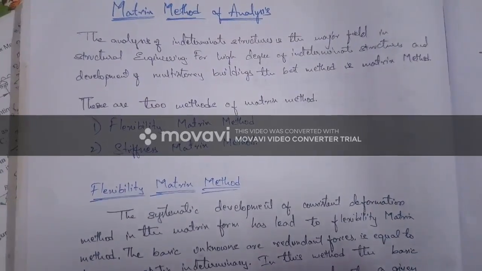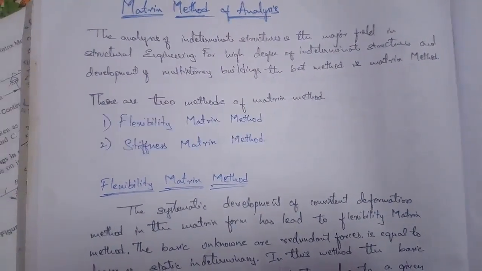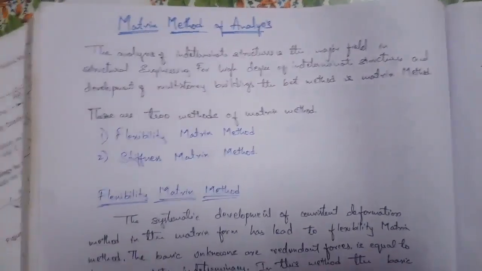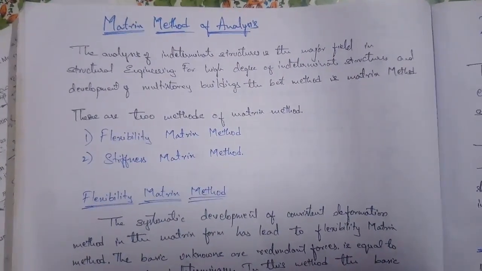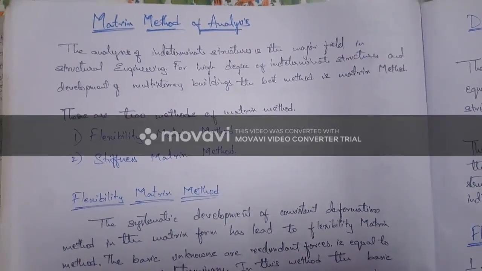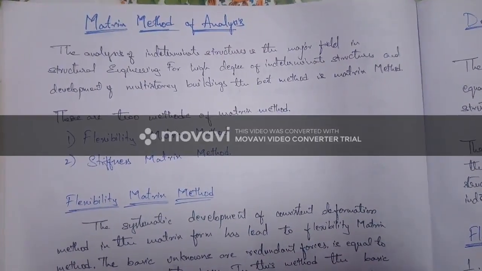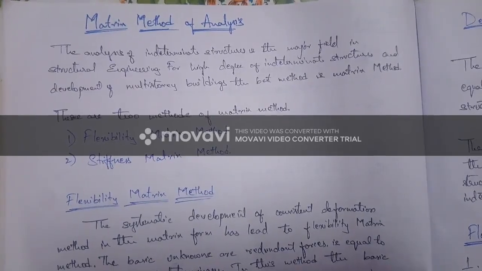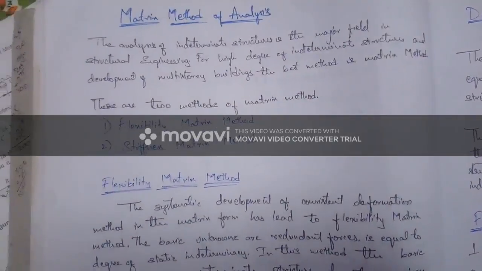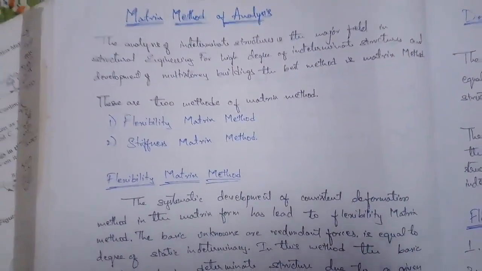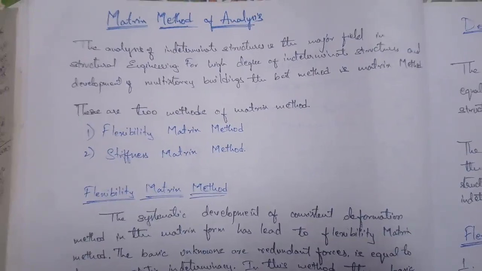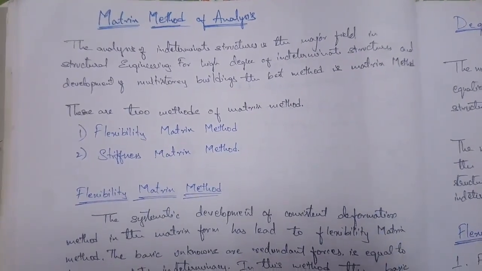Actually we have different methods to analyze, but why we go for the matrix method is that every structure can be solved using different methods like slope deflection, moment distribution, Kani's method, etc. But to design multi-story buildings, the analysis becomes difficult using those methods.